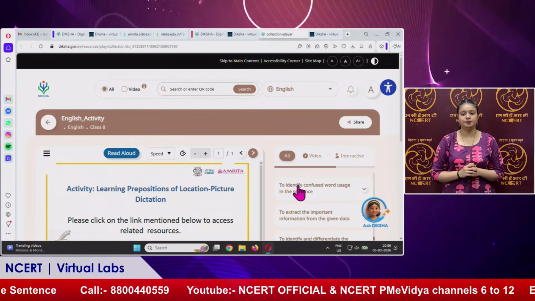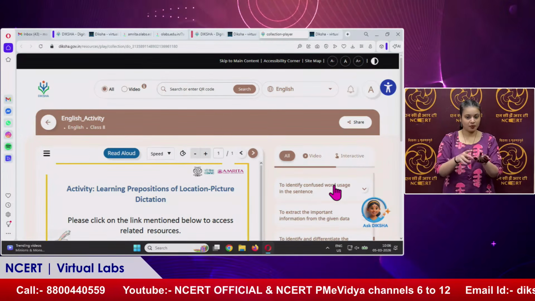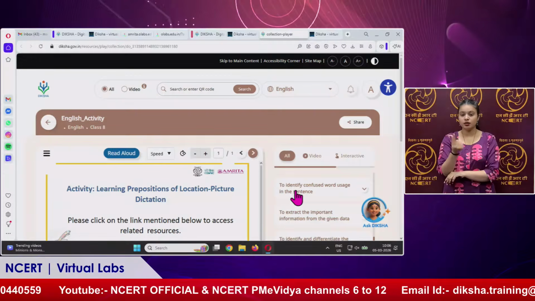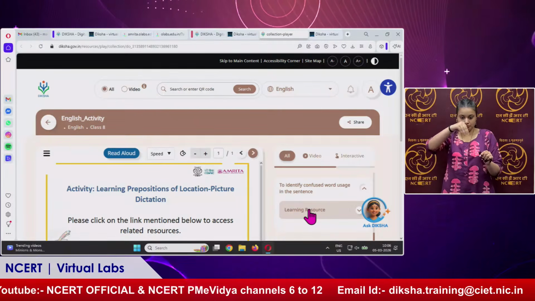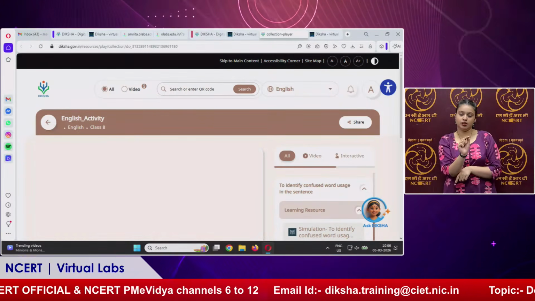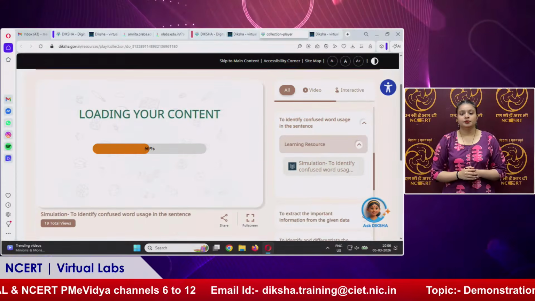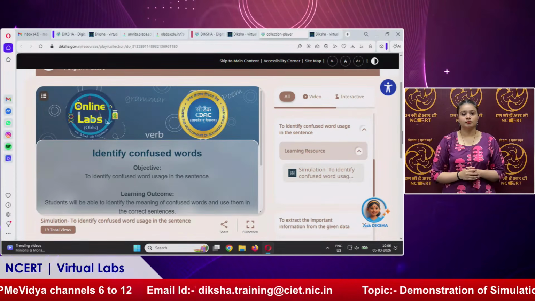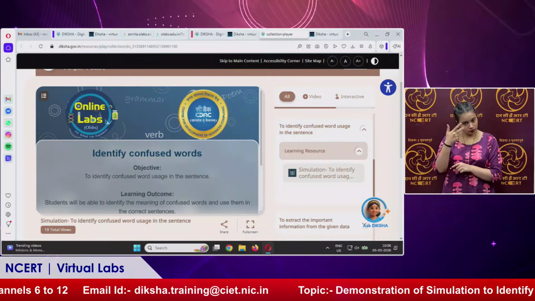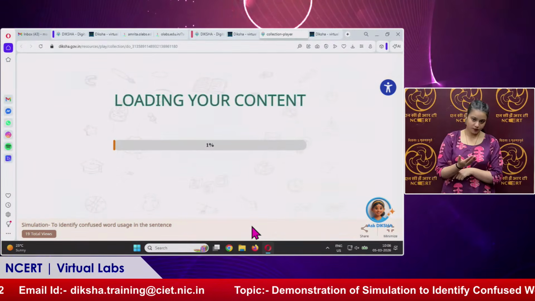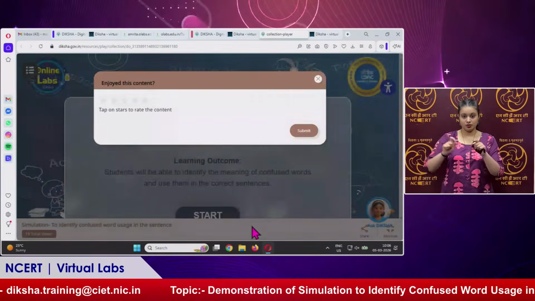and we have this topic, to identify confused word usage in the sentence. Okay. So we click on this. And we will get the theory part as well here. Right. And then we can do it full screen.